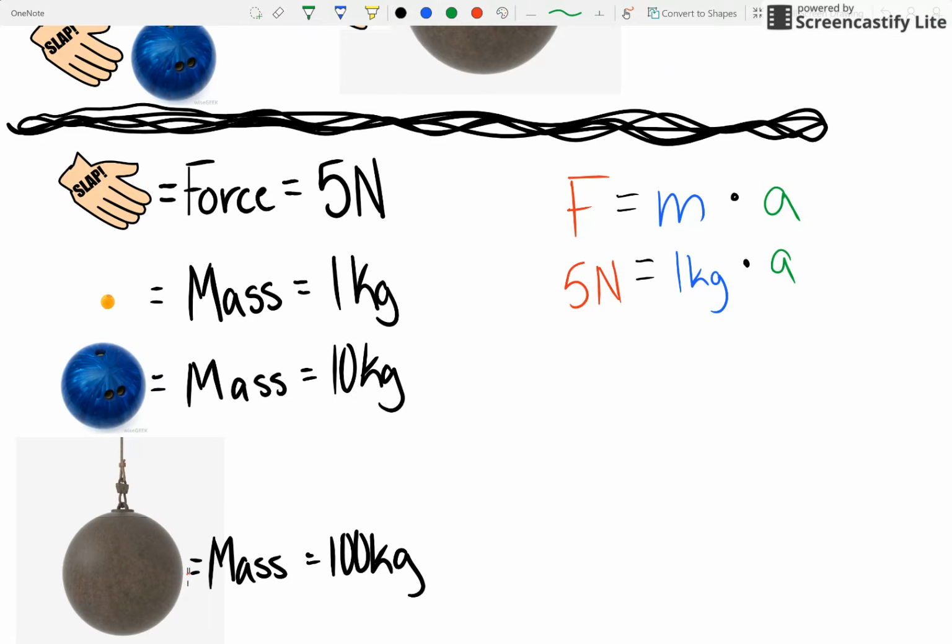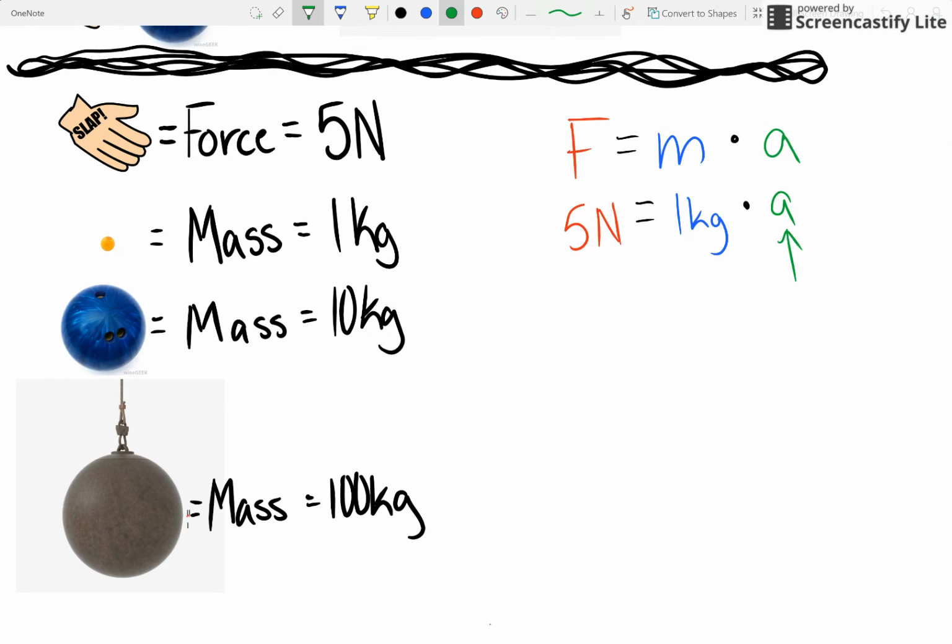In algebra, if you just have one unknown with an equal sign, you should be able to get the answer. What we want to do is get this a, or this acceleration, alone on one side of the equal sign by itself. We can do that by dividing by 1 kilogram on both sides. It was being multiplied on this side. Therefore, we do the opposite. We divide on this side, and everything that I do on one side, I have to do the other.